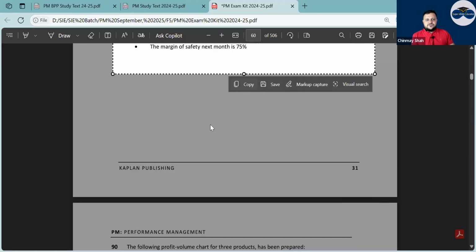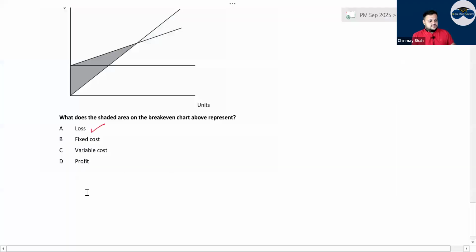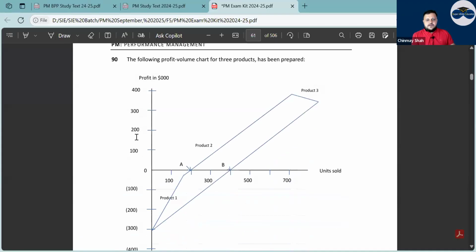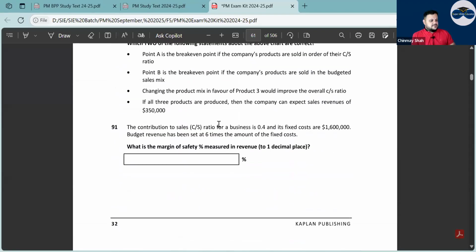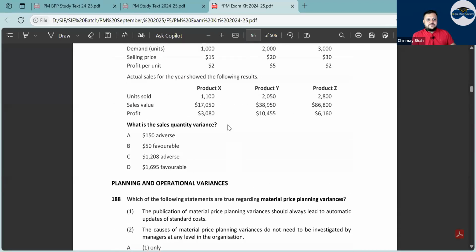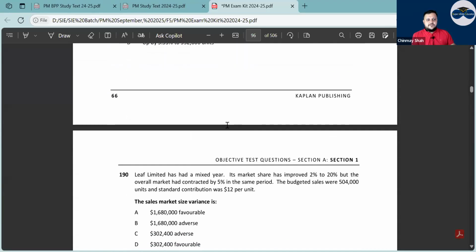See, the more questions you solve, the better you will be at it. This is not yet done. This contribution one you can do for homework. Good question.